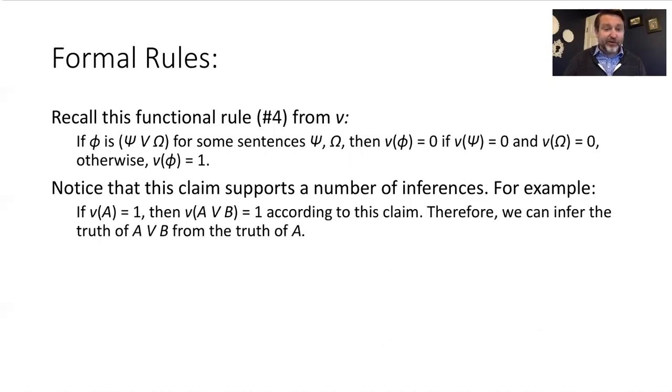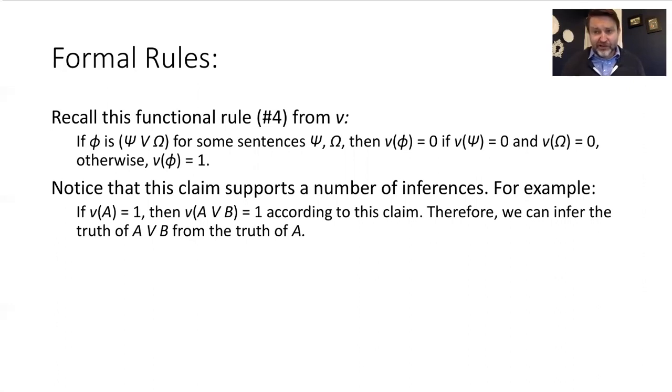So for example, suppose that the value of A equals 1. Suppose we just have an atomic sentence A, and we know that the value of A equals 1, or we could say A is given the value of 1 under alpha.